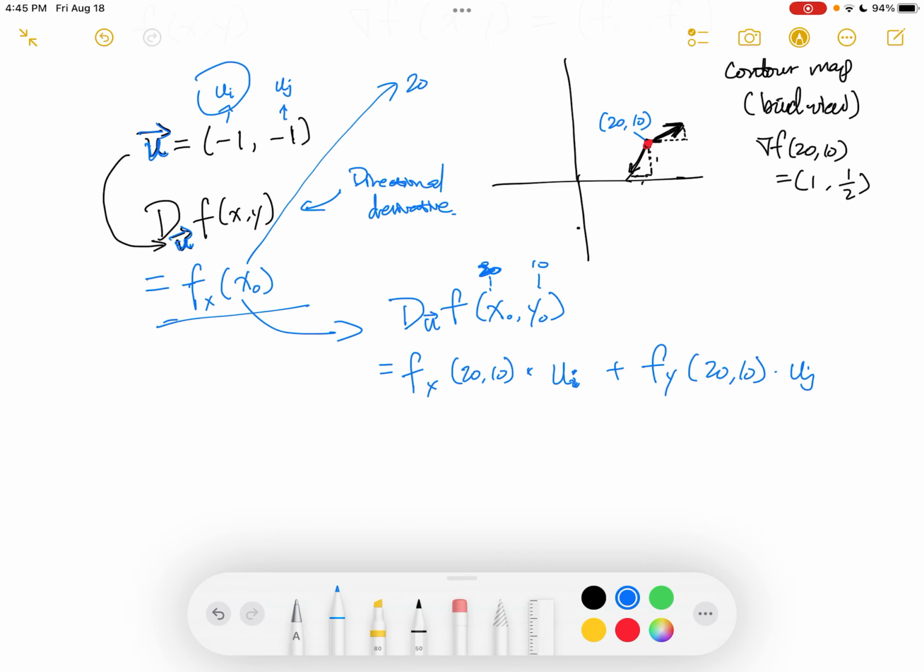The intuitive interpretation of this would be, we're sitting at this point, and if we move by a tiny bit in the direction of the gradient, then the rate of change is basically the gradient vector coordinates, which is 1 and 1/2. But if we move not in that direction, but rather southwest, then we have no choice but to use this value.